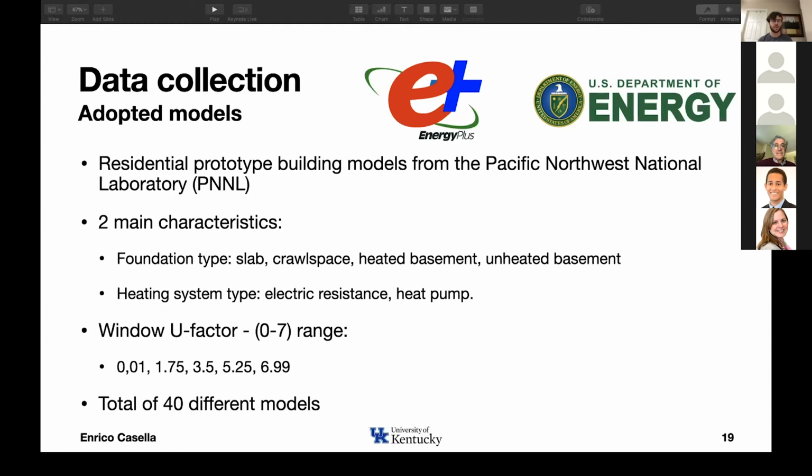It has a range of 0 to 7, with 0 being the value where the thermal condition of the house is maintained in the worst way, and 7 being a very good thermal capacity. Using 4 different foundation types and 2 different heating system types, we got 8 models, and then multiplying those 8 models by 5, we got 40 different models.